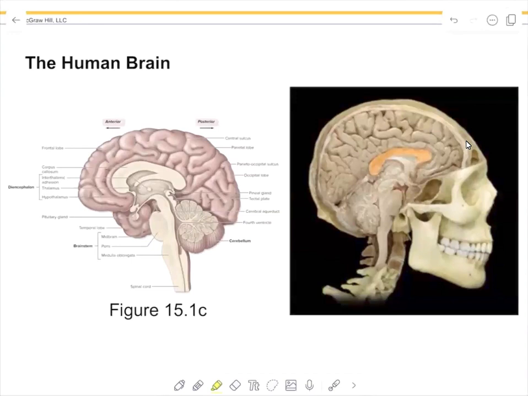On our next slide, we see a mid-sagittal section of the brain, again showing the diencephalon, which has the thalamus and the hypothalamus. It also has another part of the brain called the epithalamus, where the pineal gland is. So those are the three parts of the diencephalon. We also see the central sulcus. The other major lobes are the frontal lobe, parietal lobe, occipital lobe, and temporal lobe.